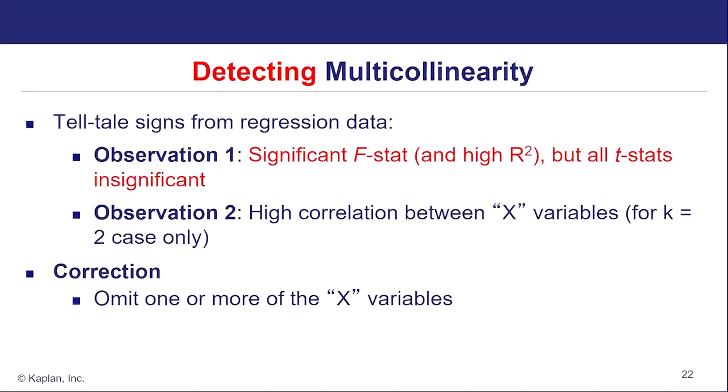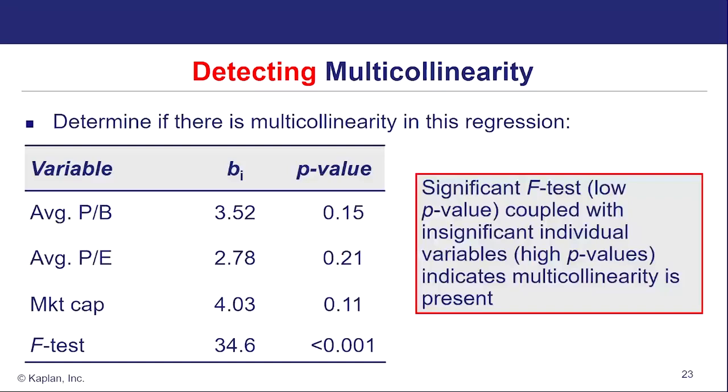Another approach is a VIF test, which we will see in a little bit. The correction for multicollinearity is removing one or more X variables. There are actually 3 possible approaches. We'll get into them next. So first, let's look at a quick example of detection of multicollinearity where we have a disconnection between the F test and the T test.